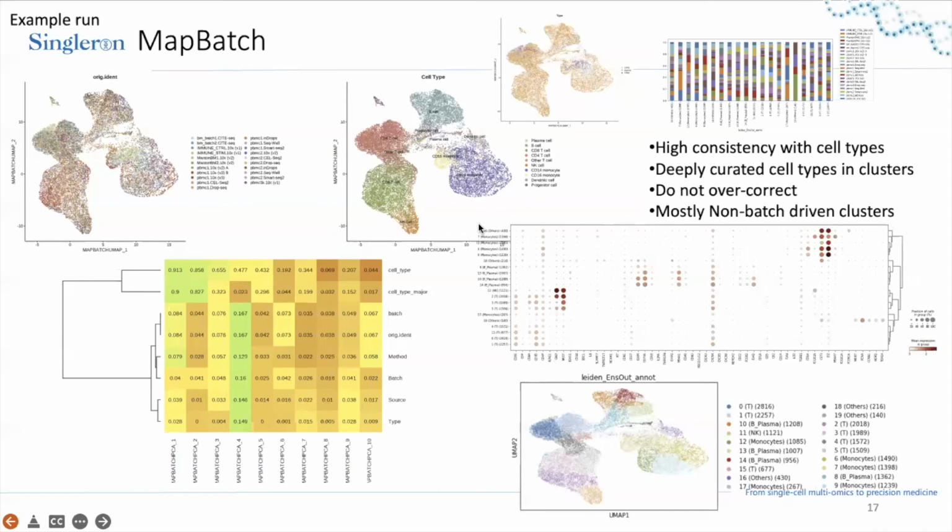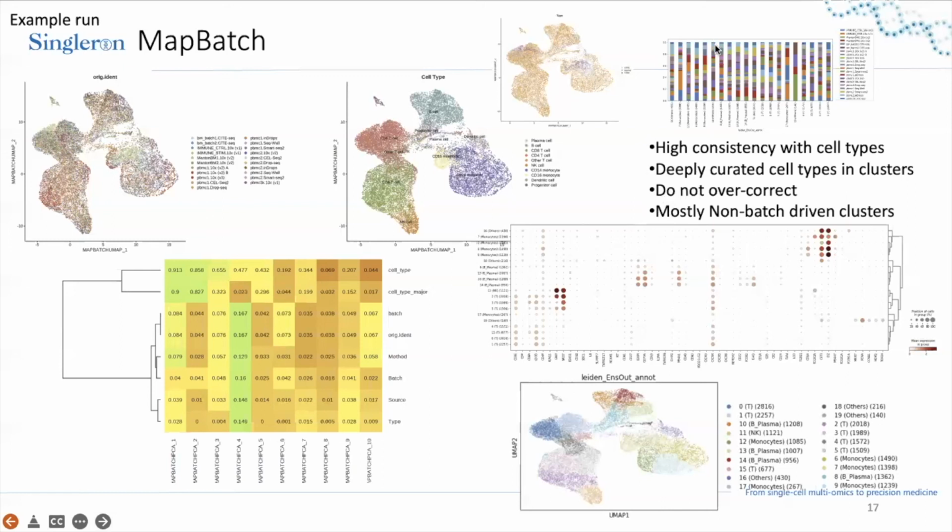With regard to another cell type annotation toolkit we use, SingleR, we are able to find the curated cell types that are deeply curated for those clusters, and it does not overcorrect, still showing you the disease-related cells.